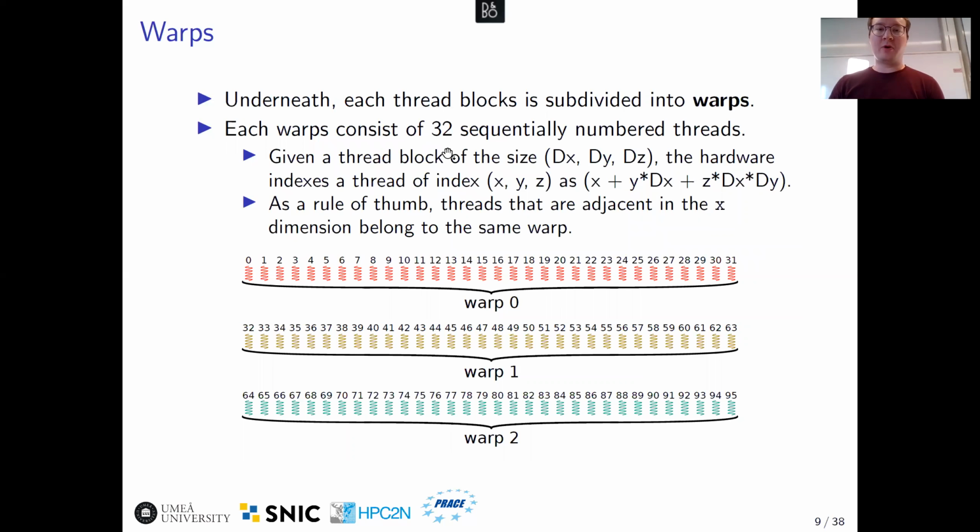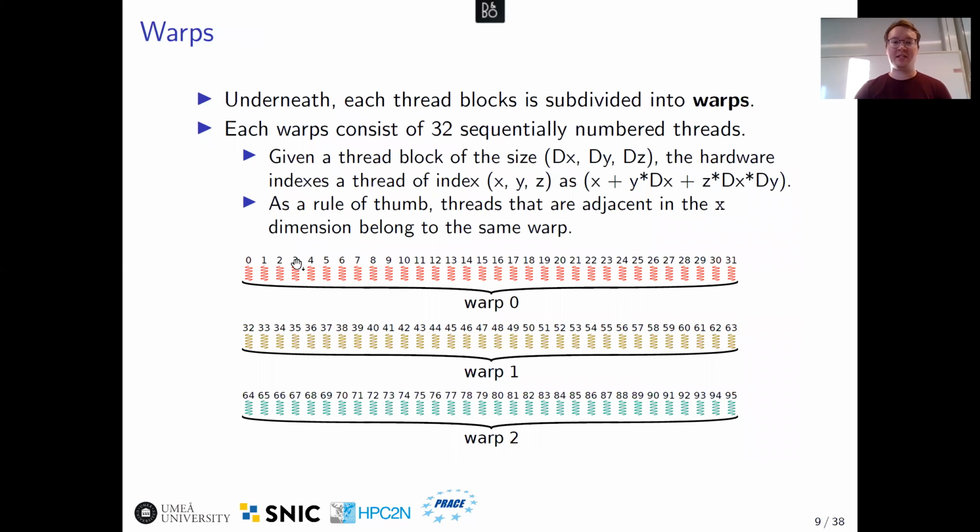And hardware-wise, what is meant by 32 sequentially numbered threads is that the hardware will have one-dimensional indexing for the threads, starting with the X dimension, then going through the Y dimension, and then through the Z dimension. In most cases, if two threads have adjacent thread indices in the X dimension, then they are very likely to be in the same warp.